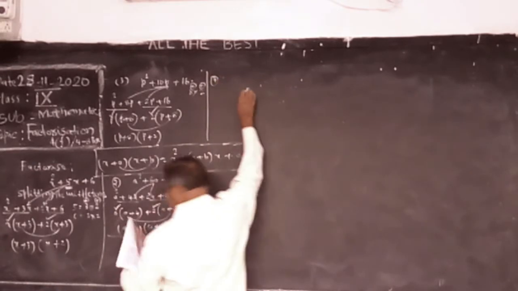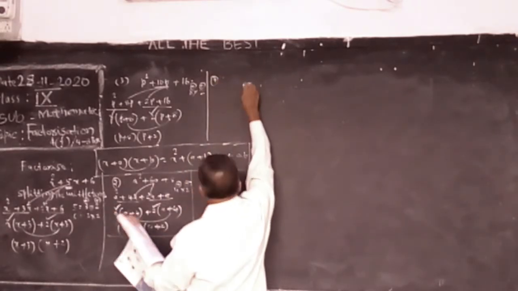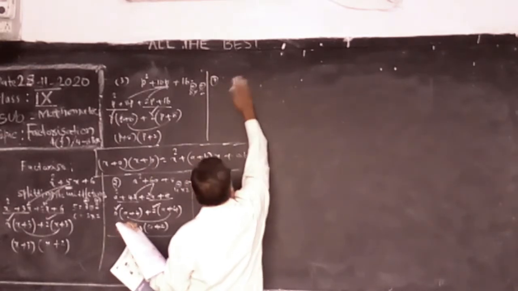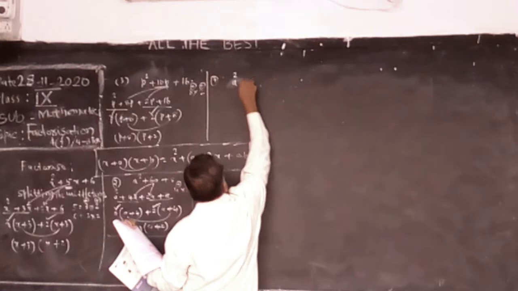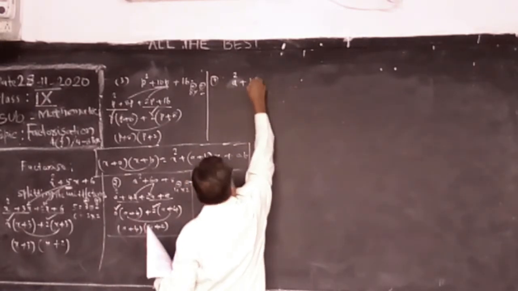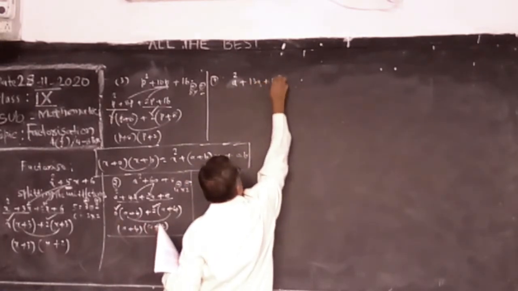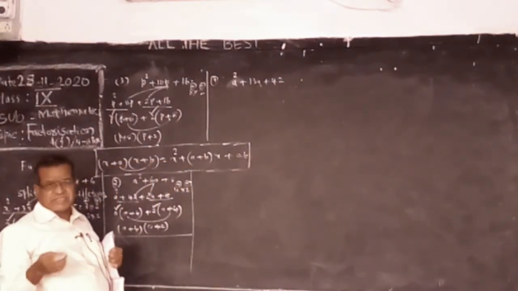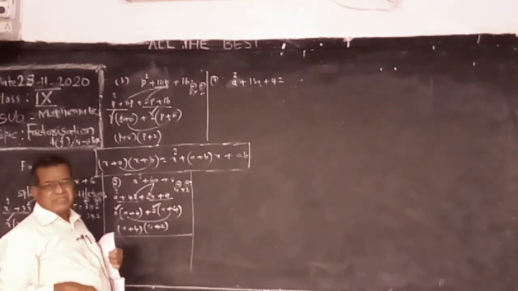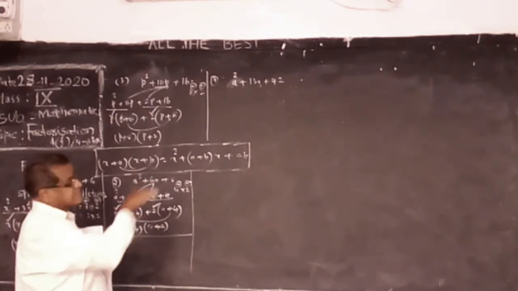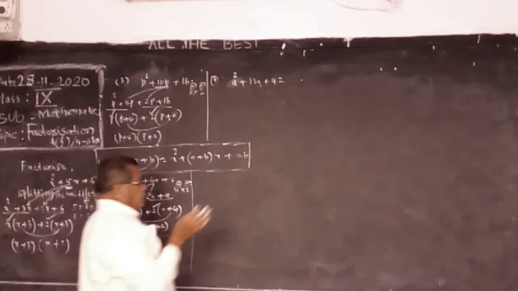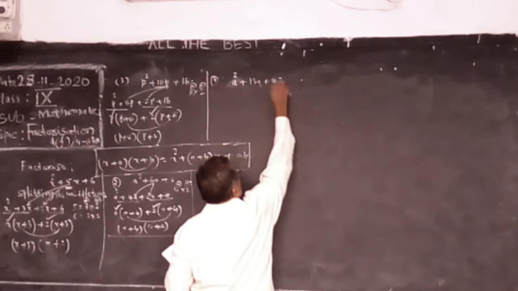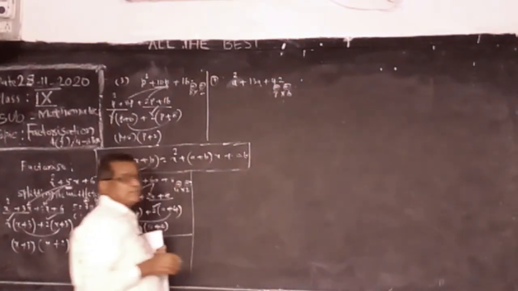Fourth: a squared plus 13a plus 42. By seeing 42 we can say easily 7 and 6 make 42, and 7 plus 6 is 13. So it is satisfying, both are plus.